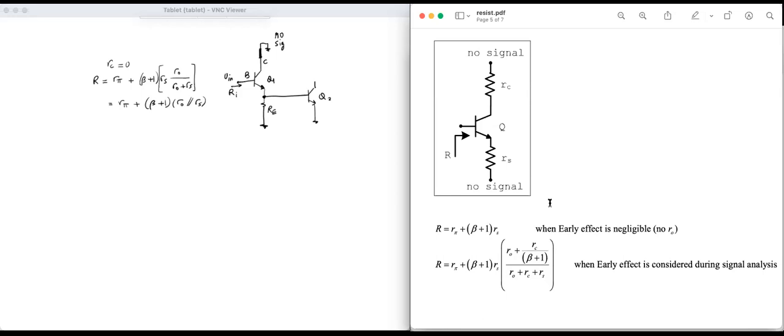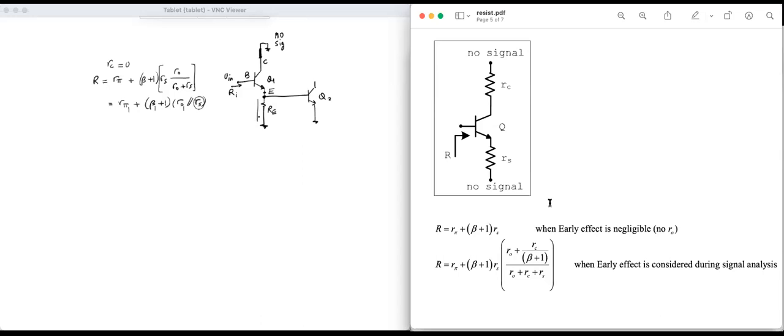So R pi in this case is R pi 1, beta is beta 1, RO is RO 1. Small RS is what? In the formula sheet, small rs is whatever appears between the emitter of Q and no signal. So what do I have here between the emitter of Q1 and no signal?